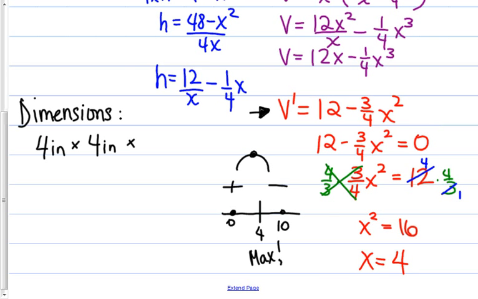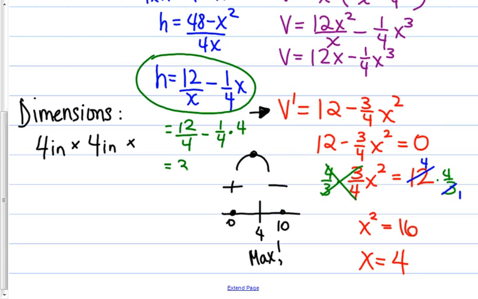Here is how we're going to find h. 12 divided by 4 minus 1/4 times 4. So 12 divided by 4 is 3, minus 1/4 of 4 is 1, so that's 2. So h is 2. So 2 inches. And there are my dimensions for that.